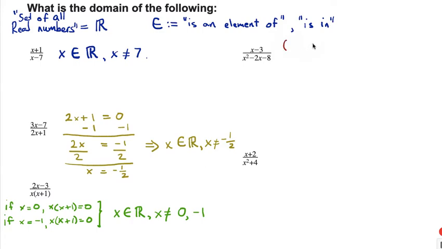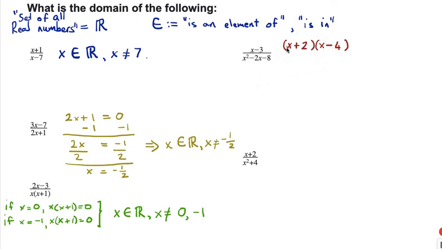We're looking for the factors of -8 that add up to -2. We're going to have a positive and a negative. Well, that's going to be 4 and 2, and the 4 is going to be the negative one, because 2 minus 4 is -2. So here are our two factors.